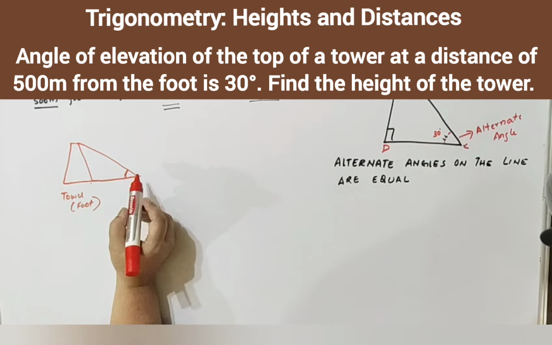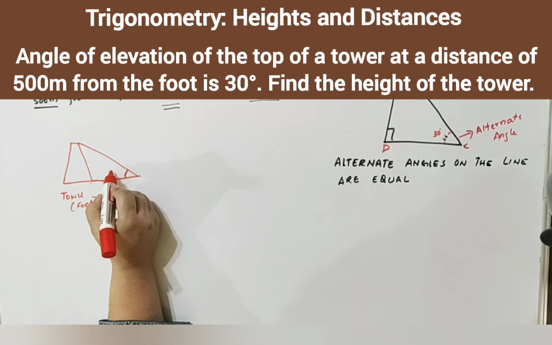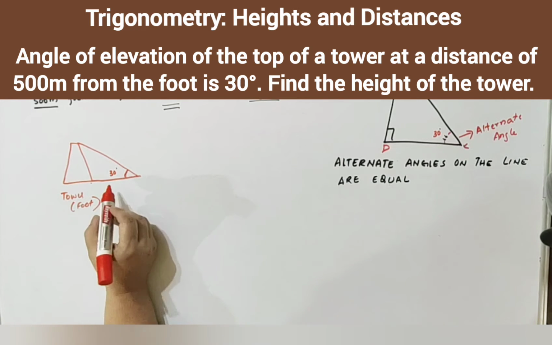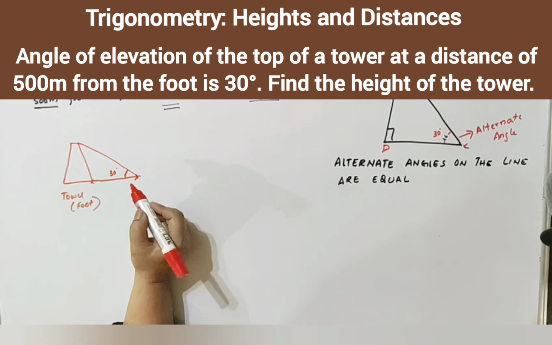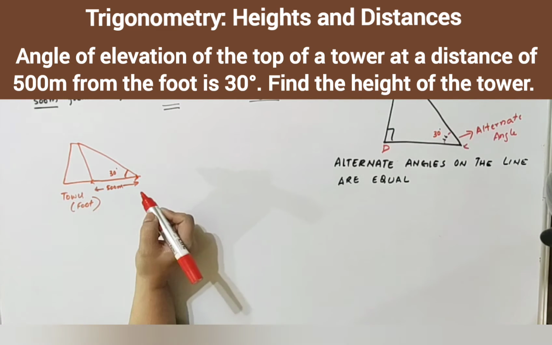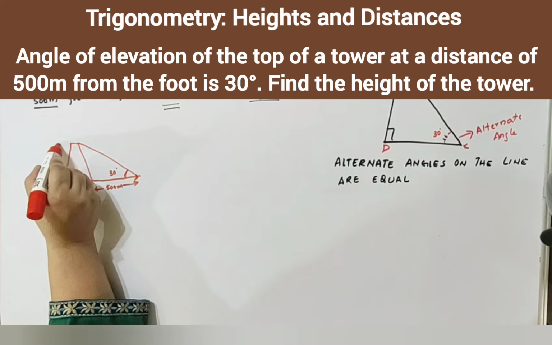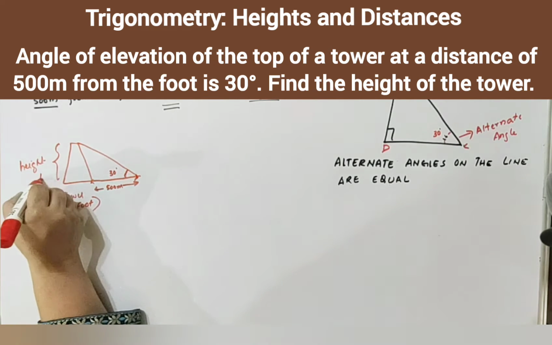So this is the foot of the tower and this is the line of sight. The angle of elevation is given as 30 degrees and the distance between the foot of the tower and the point of observation is 500 meters. So we will have to calculate the height of this tower. Let's call it H.